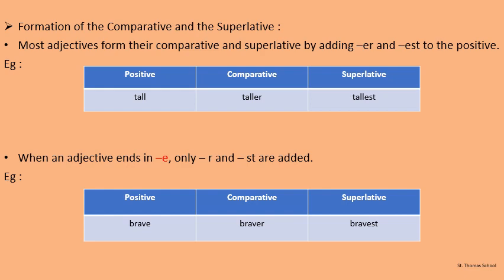We are using only R; there is no repetition of E over there. And for superlative, bravest. Again we are only adding ST because the last letter of that word is already E. So we are removing that E from ER and from EST. Got it?